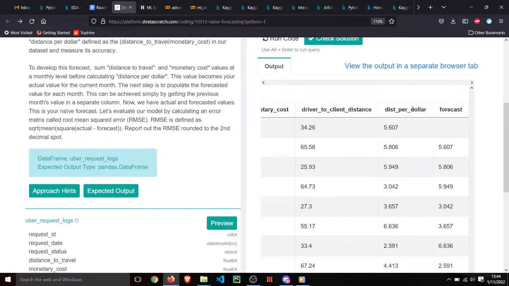Now in order to calculate our RMSE, we just need to apply the formula for RMSE, which is basically this column minus this column. For each row we take the difference of these two and square it, and then in the end calculate its square root. Basically x minus x1 whole square plus y minus y1 whole square, and put everything inside a square root.